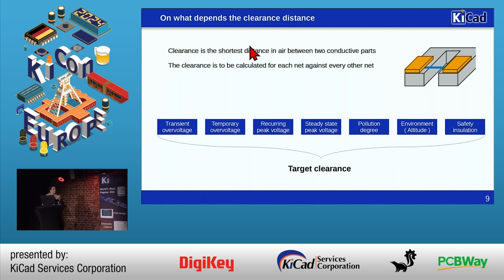Okay, so now how do we calculate the target clearance based on the standard? It depends on many things. The first, obviously, are the voltages. But there are several voltages we have to look for: transient overvoltages, temporary overvoltages, recurring peak voltage, steady state.